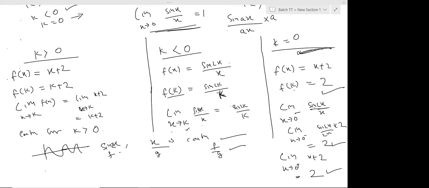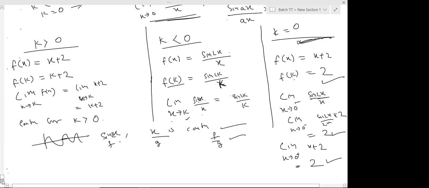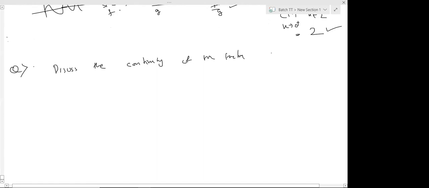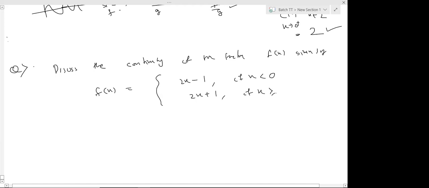Yes, sir. All right. Write down a few questions for homework. Discuss the continuity of the function f of x given by f of x equals 2x minus 1 if x is less than 0, 2x plus 1 if x is more than or equal to 0. This is a homework question.